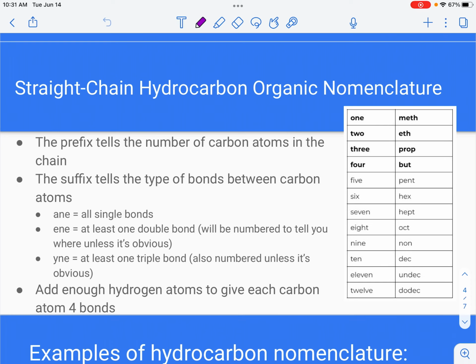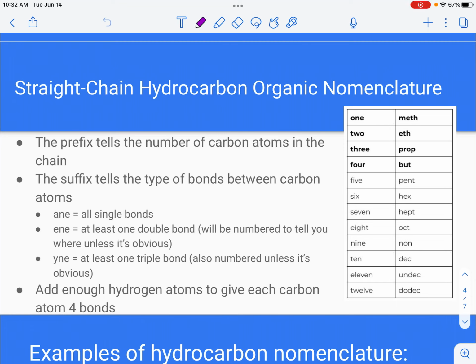So the idea is that you're going to make a chain of a bunch of carbons all linked together, and then depending on the name, you'll add in double bonds or triple bonds, and then you're going to add enough hydrogen so that every carbon has 4 bonds. And then, once you've done that, you can write the chemical formula from that. That would be if you're given the name.